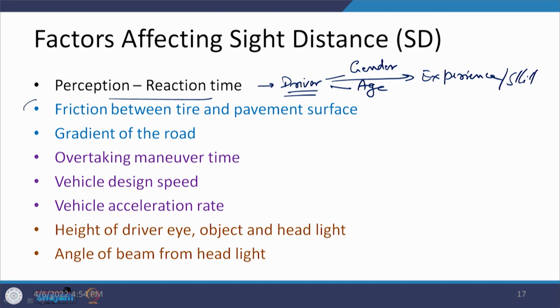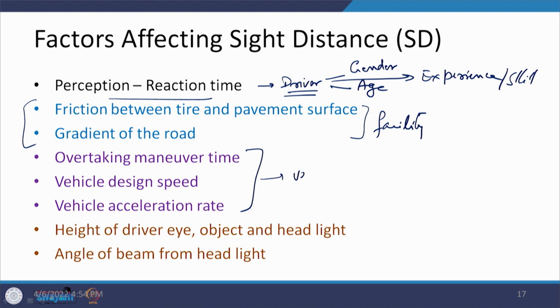Then we have the two sets of the things in the same color. One is the friction between the tire and the pavement surface, and another one is the gradient of the road, and these two are related with our facility which is being provided in the physical form. Then the next thing is overtaking maneuver time, the vehicle design speed and the vehicle acceleration rate.